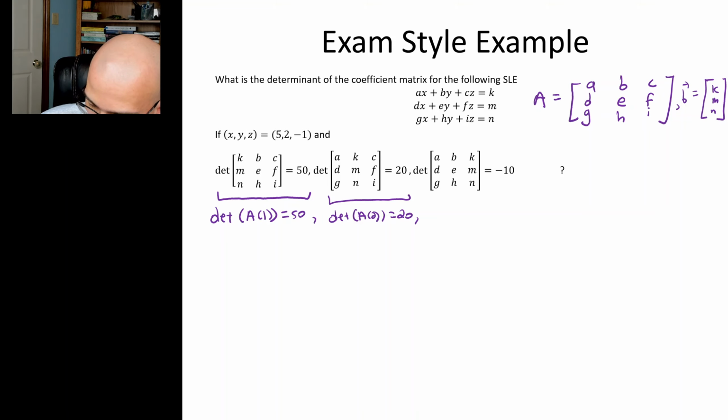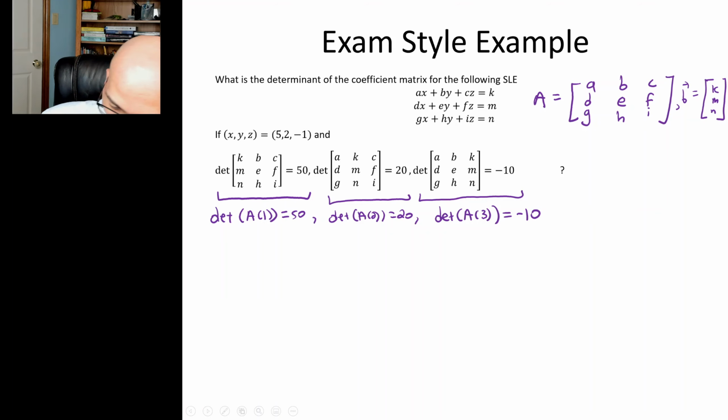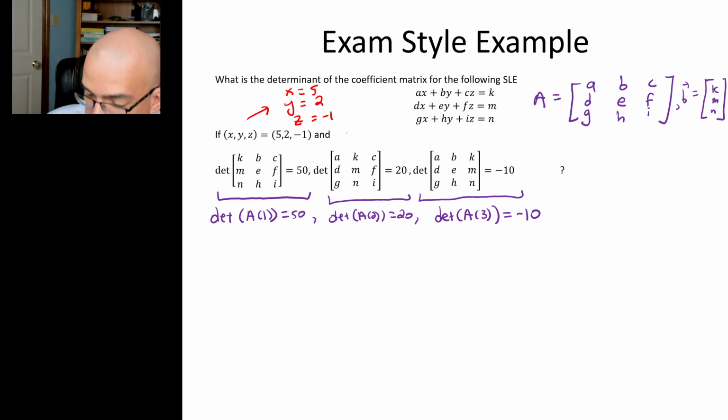And then the third one says that the determinant of A3 is equal to negative 10. And we're told that x is equal to 5, y is equal to 2, and z is equal to negative 1. So let's find what the determinant of A is.